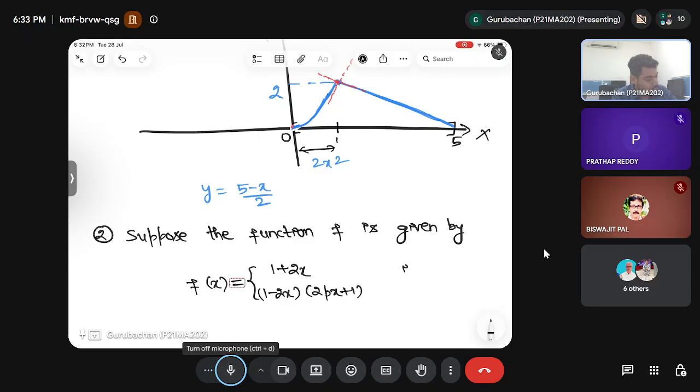Here if x is less than 0, and here if x is greater than or equal to 0.